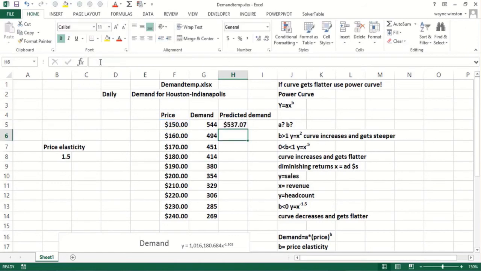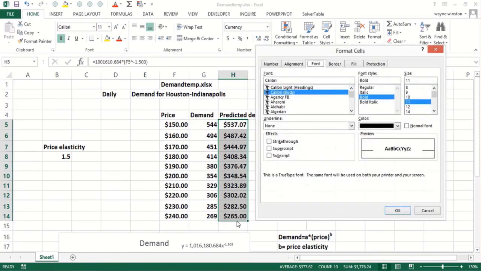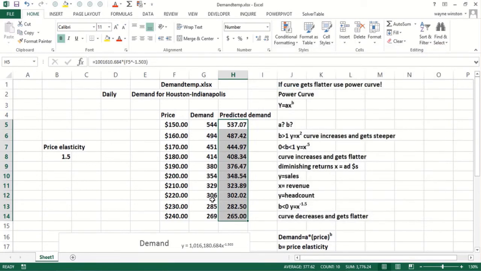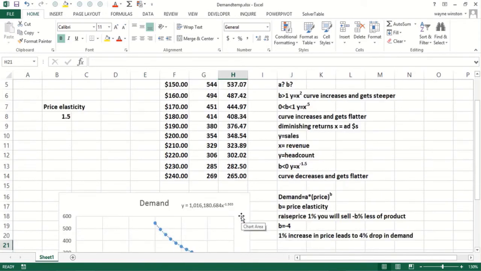There we go. All right. So the predicted demand, you can see this is very close to the actual demand, except I don't want a dollar sign there. Let's go 2 decimal points. So you can see the predicted demand is very close to the actual demand, so the power curve does a really nice job of fitting demand.